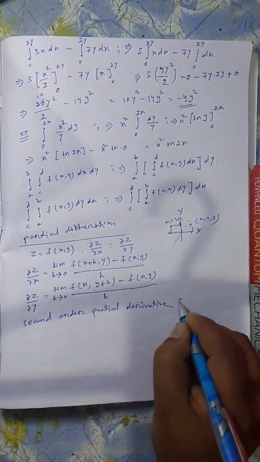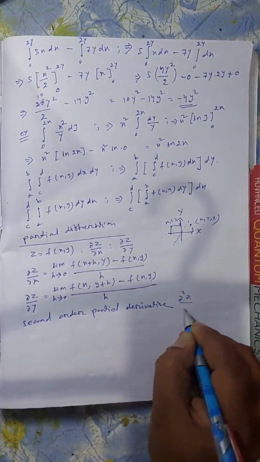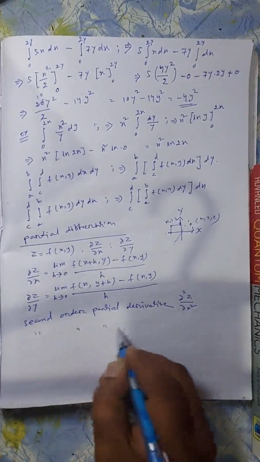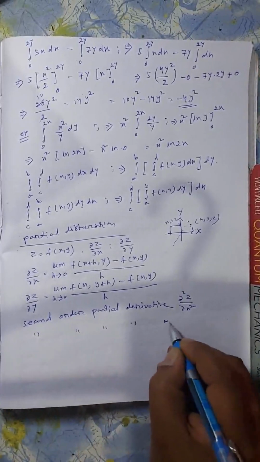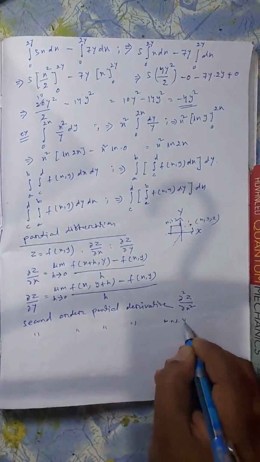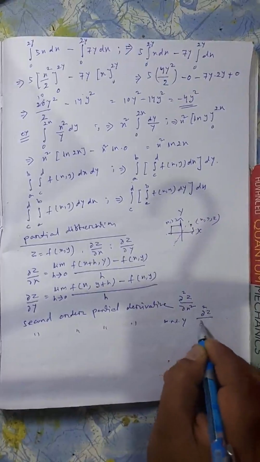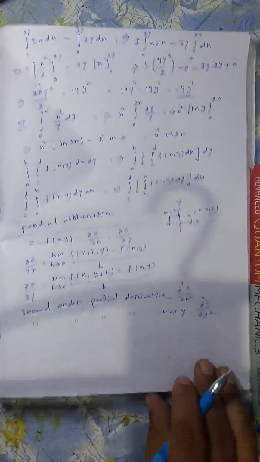With respect to x, it is ∂²z/∂x². Similarly, the second order partial derivative with respect to y, how do we write? It is ∂²z/∂y².